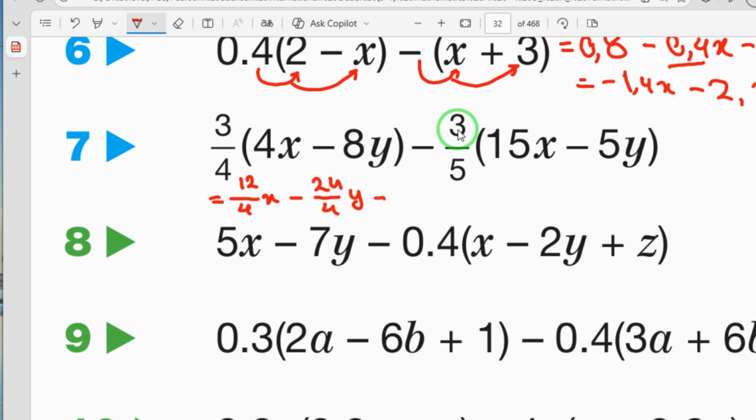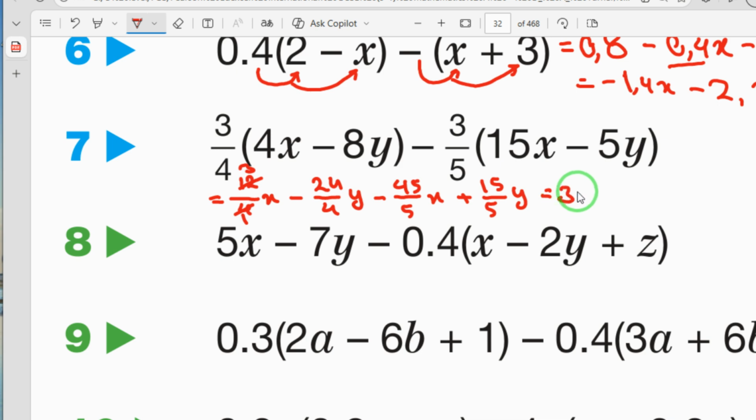Minus here 3 times of 15 is 45 over 5x. Negative multiplied by negative give us plus. 3 times of 5 is 15 over 5y. Now we simplify more. Here we have 1 times of 3, 4 is 4, 3 times of 4 is 12.